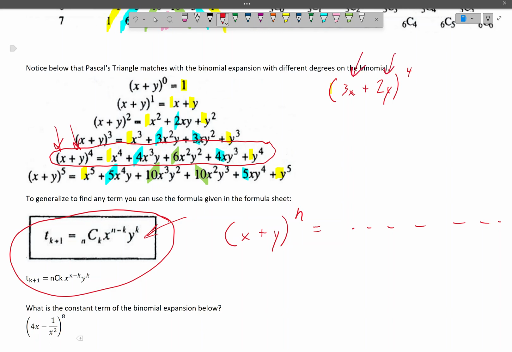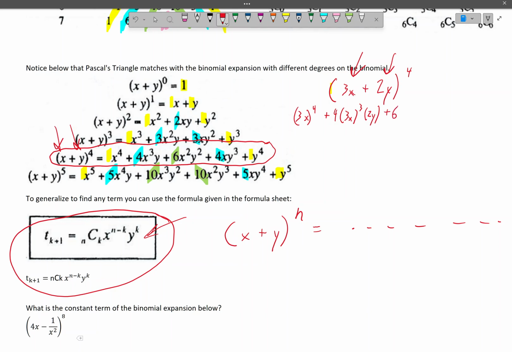The x is now 3x. So when I write this down, instead of copying it down exactly as it was, I'm going to write it as 3x to the 4 plus 4 times 3x cubed times y, but it's not y, it's 2y.